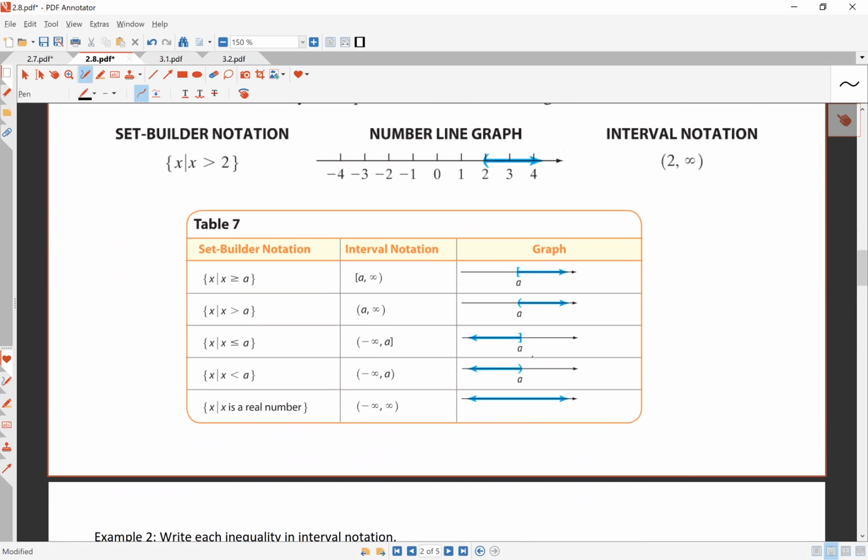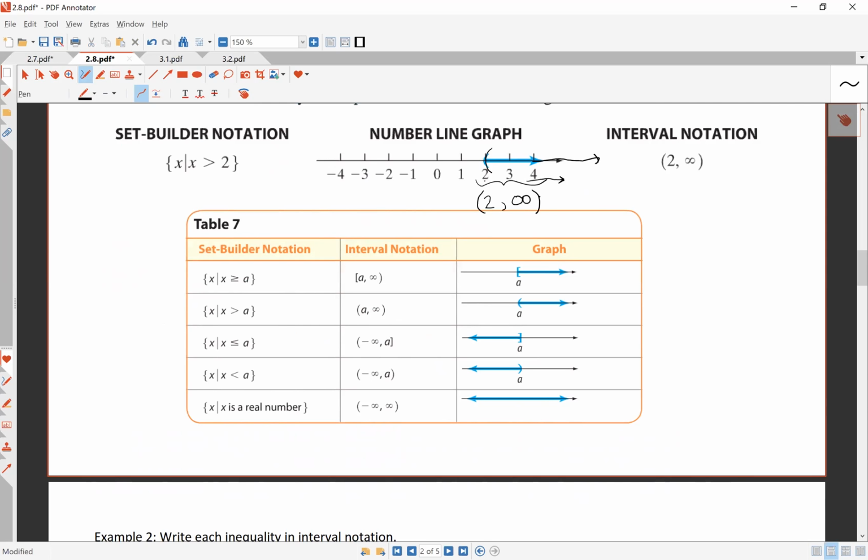Interval notation from a graph, you always put the left number on the left side of the comma and the right number, which in this case, since it goes all the way to the right, is infinity. And then you use the same notation, parenthesis there, and infinity always has a parenthesis on it because it's not a real number. You can't include it.